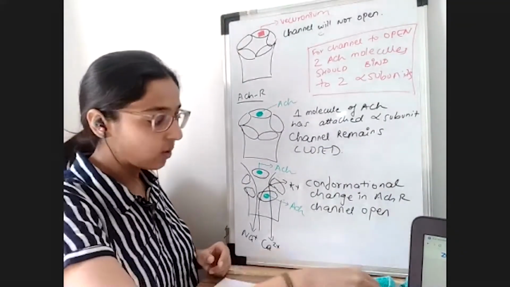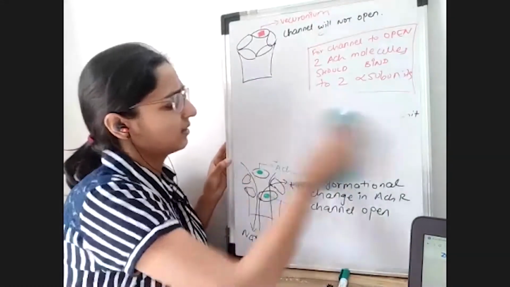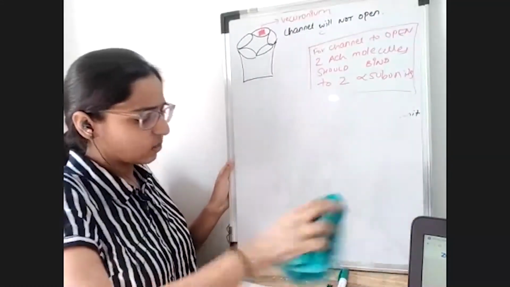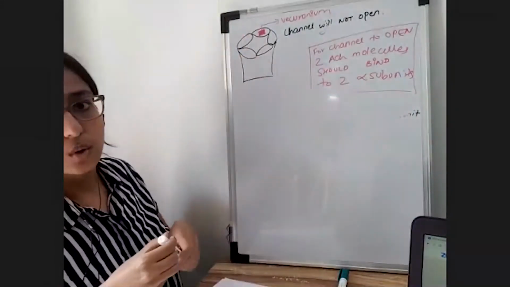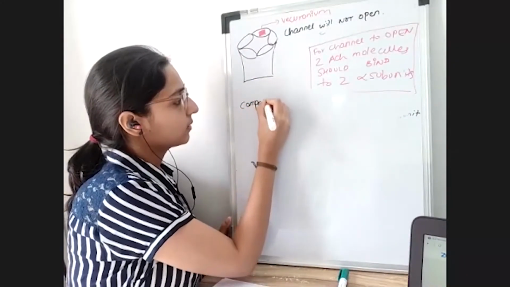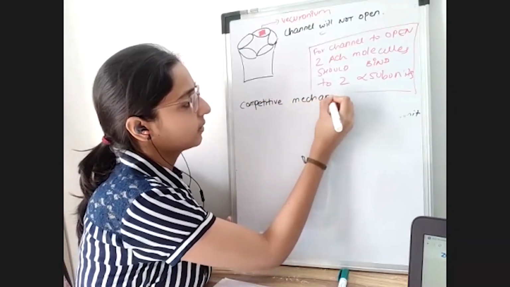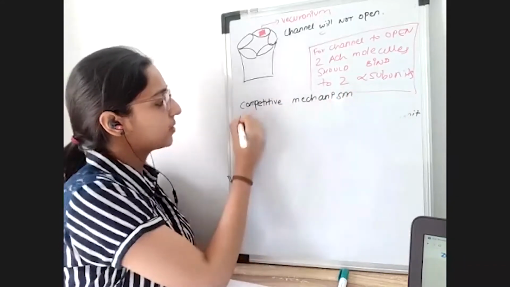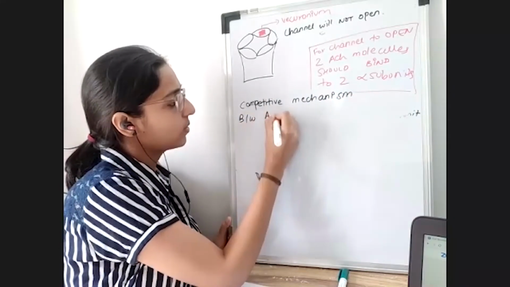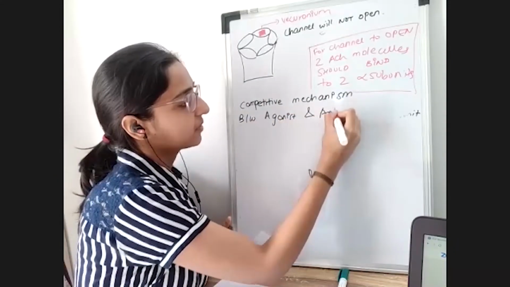Now we need to understand that there is this vecuronium here, so there is a competition. There's a competitive mechanism between the agonist and antagonist of the receptor.